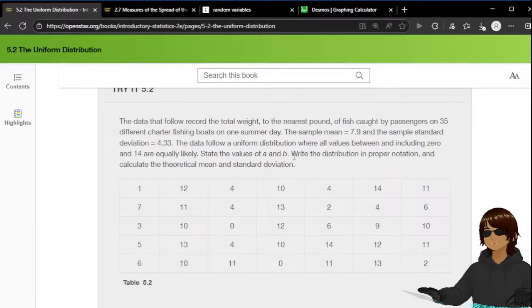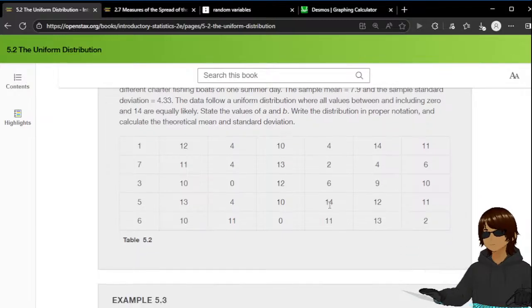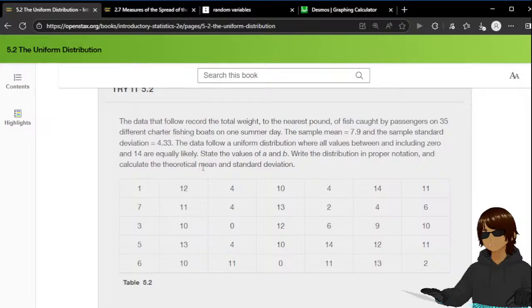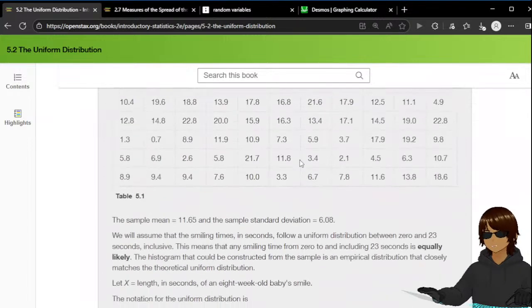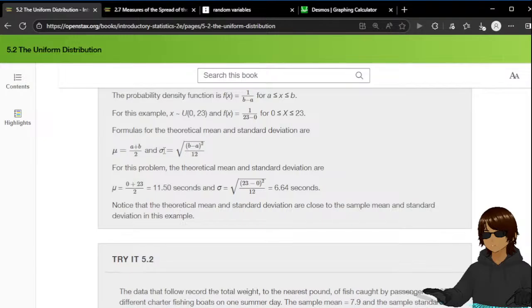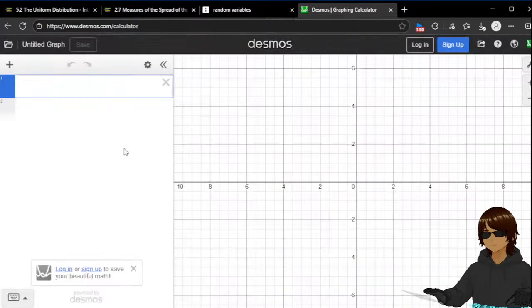So a is 0, b is 14. The mean is 14 divided by 2, 7. Standard deviation is b minus a, 14 minus 0 is just 14. 14 squared divided by 12, square root that. The square root of 14 squared is just 14.